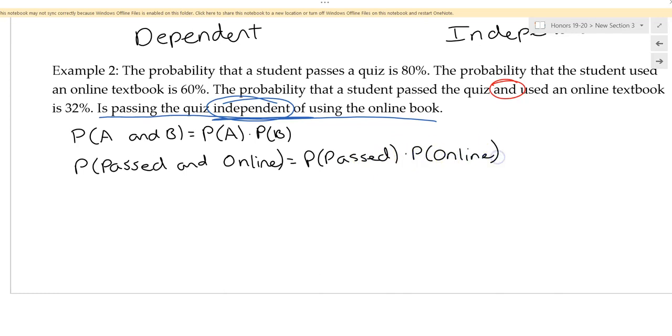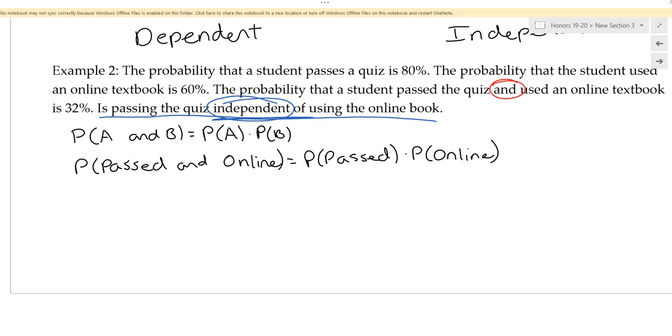Again, write out the words. In these word problems, the easiest thing you can do is write out the words. It's the same thing we did with our and and our or in the first half of this unit, right? Putting it in words and writing out that formula is a lot easier.